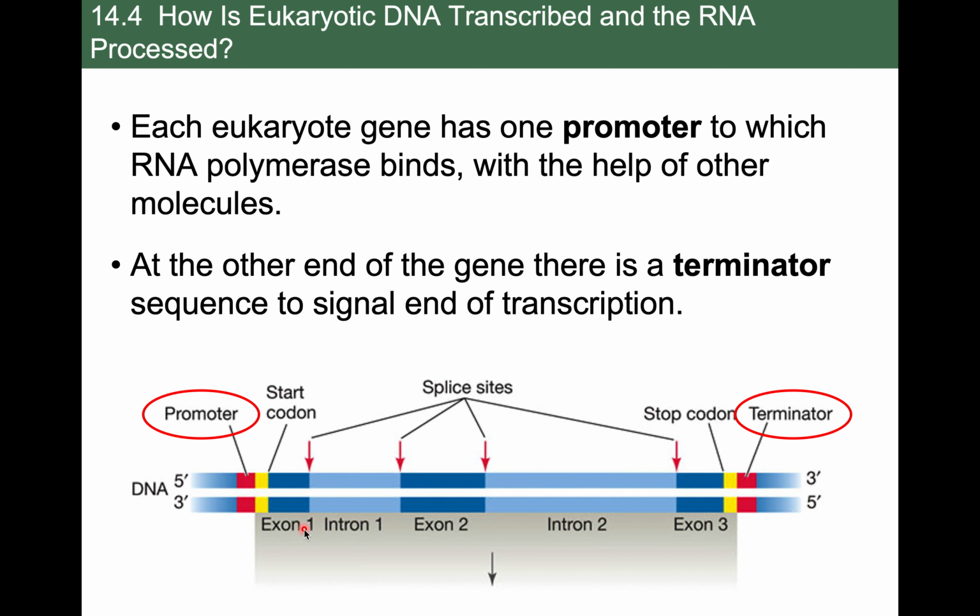What this boils down to is the dark blue exon segments of the gene here are the sequences that are actually important for building the protein encoded by this gene. And the light blue intron sequences here are just sort of like extra filler DNA in the middle of that gene. And so we're going to have to go through this splicing process to basically get rid of those introns.